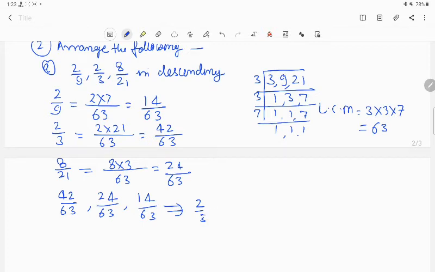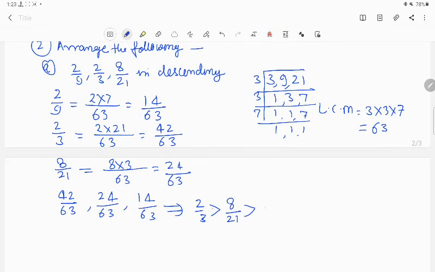2 by 3 is greater, and then you write 24 by 63, equivalent to 8 by 21. That 8 by 21 is smaller than 2 by 3.